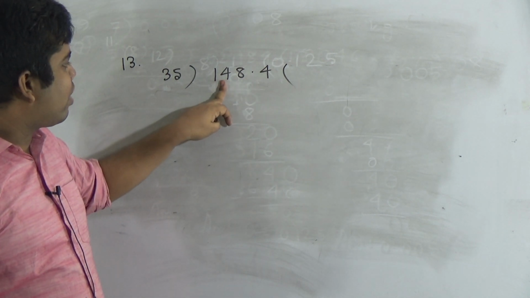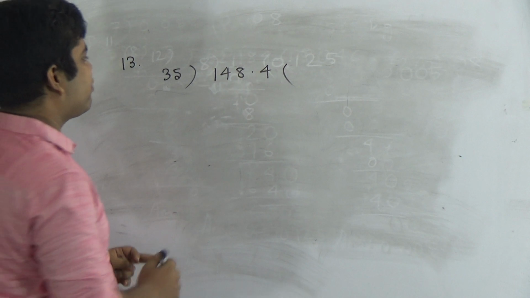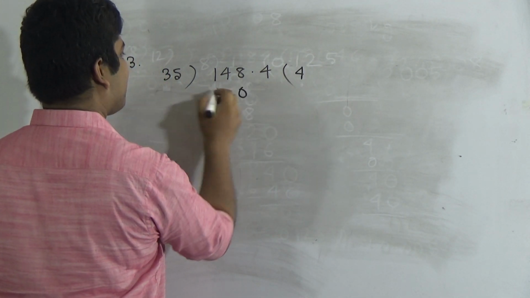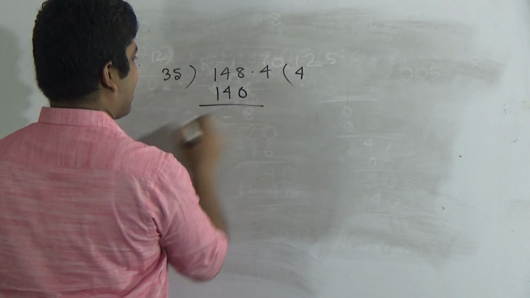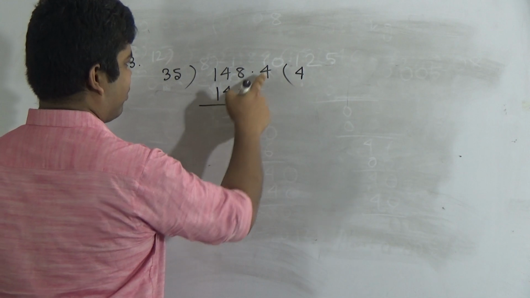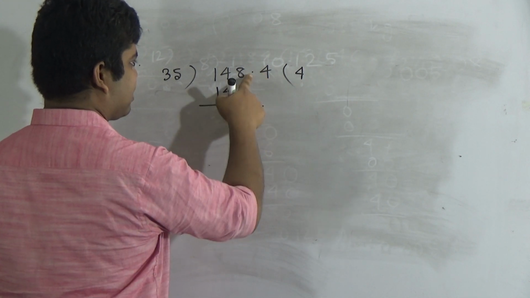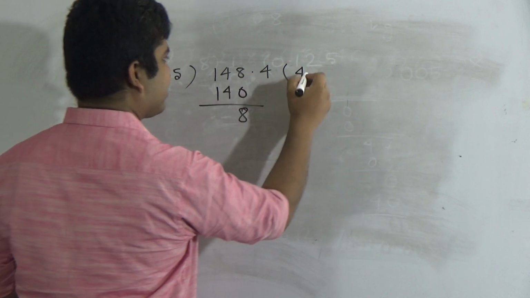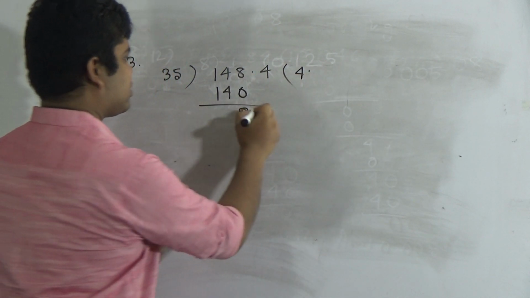Okay, in 148, 35 goes in 4 times. 4 5s are 20, 3 4s are 12, plus 2 is 14, and we subtract and we get 8. Now we place 4 here, but after 148 there is a point. So for this point I write a point here.